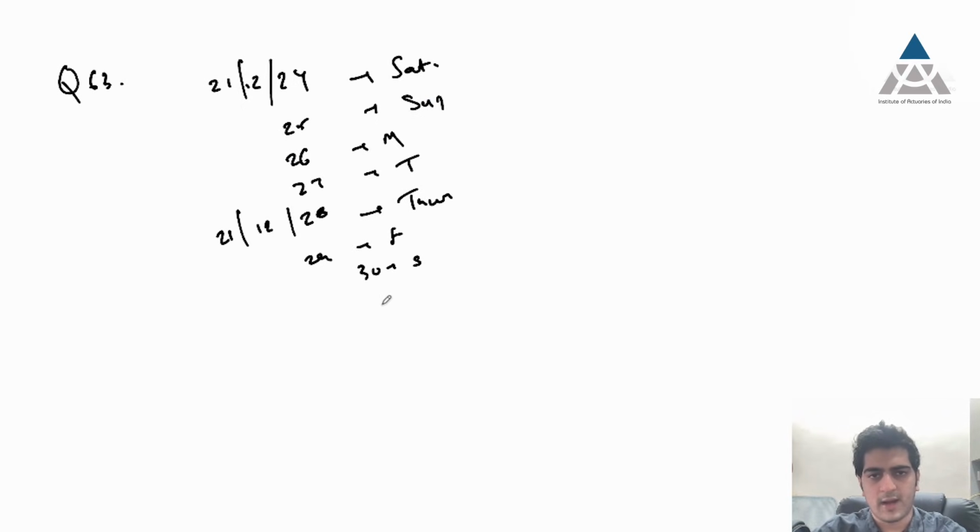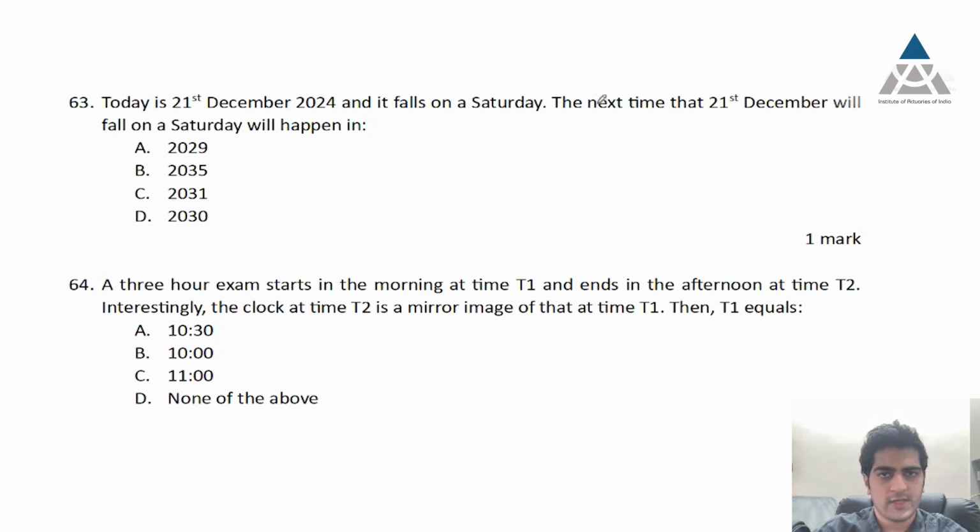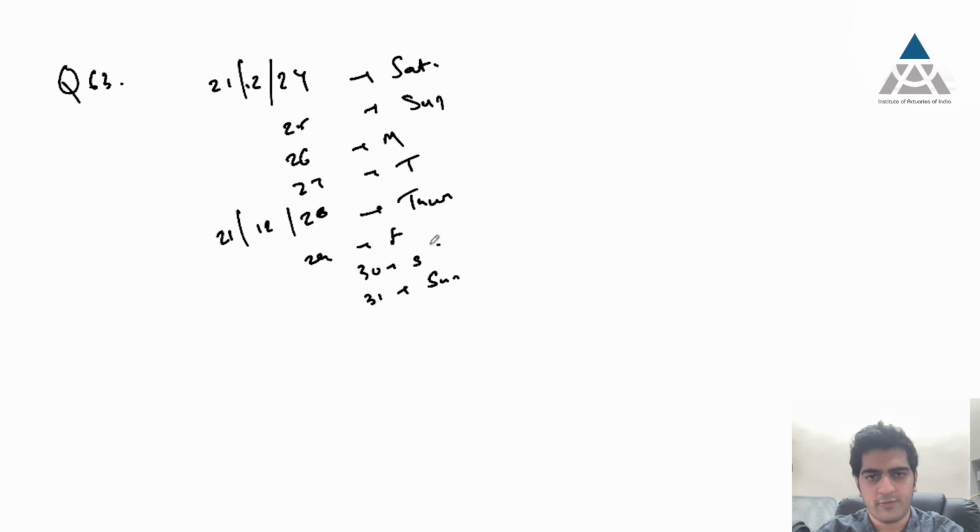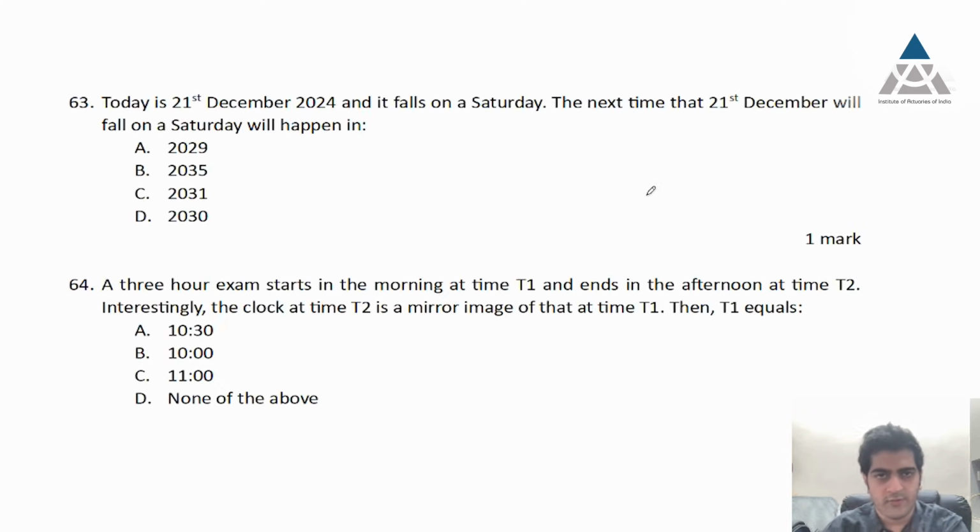Friday 30 will be Saturday. 31 will be a Sunday. We just wanted when it will fall on a Saturday. So we already found that 2030 comes on a Saturday, and that is your option D. So that's it. That's how you have to find it. Look at the question, try and extrapolate year after year, and you should be able to get the correct answer.